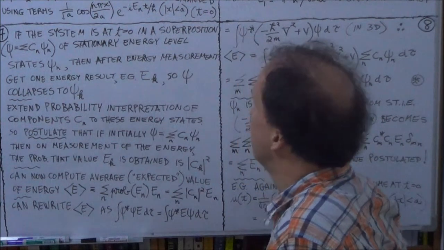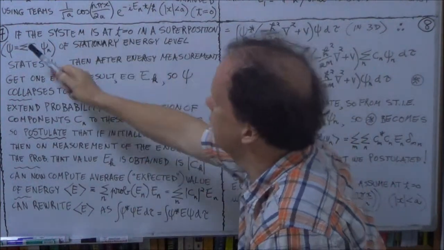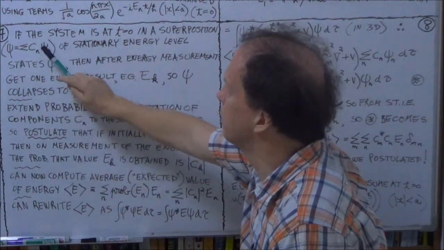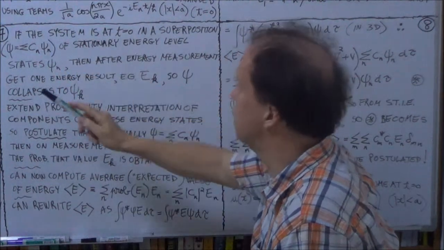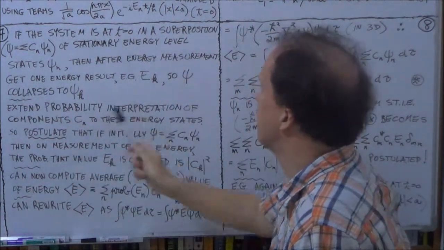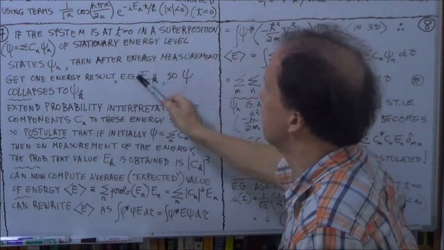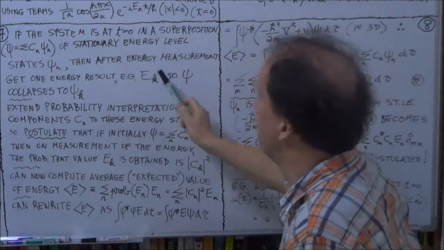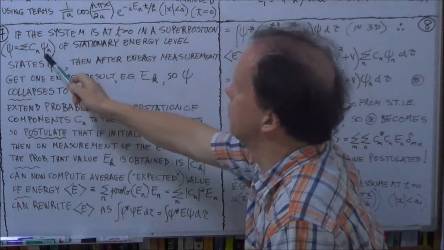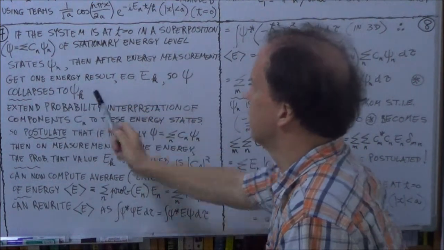Now, in the context when A is the energy, you measure the energy. Your wave function then collapses to the wave function whose energy value you actually measured. Say you got E_k, the kth allowed energy. That was what you actually observed. So therefore, this is no longer appropriate. It collapses to psi_k.